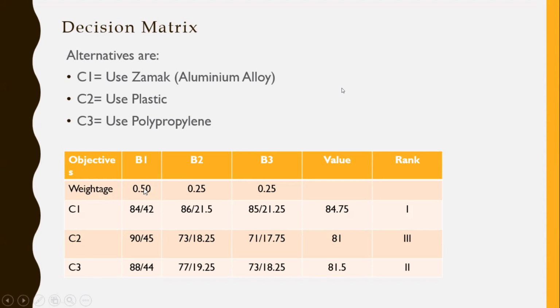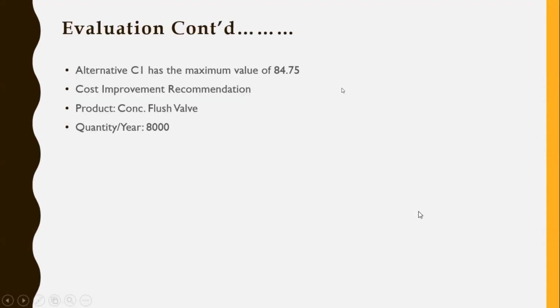We multiply this weightage by the rank and get the diagonal top score. When you add the scores on the top of the diagonal line, it gives the total value. Based on the total value, we rank the options. Here the first option, C1, the use of aluminium alloy, is the most preferred alternative.